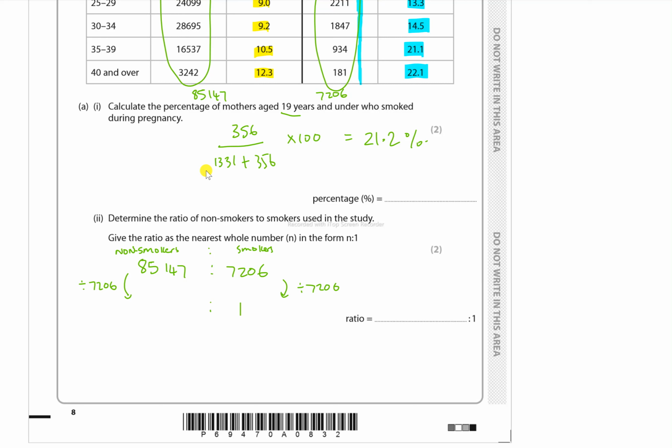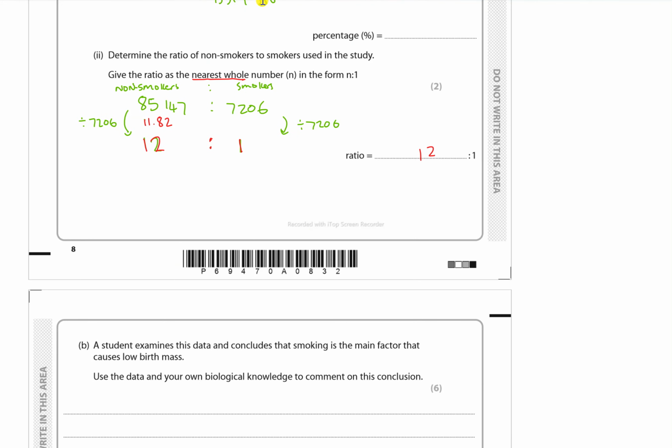So we end up with 1 there, and we end up with 11.82, to the nearest whole number, it will end up as 12 to 1. There's 12 to 1. Right, okay.